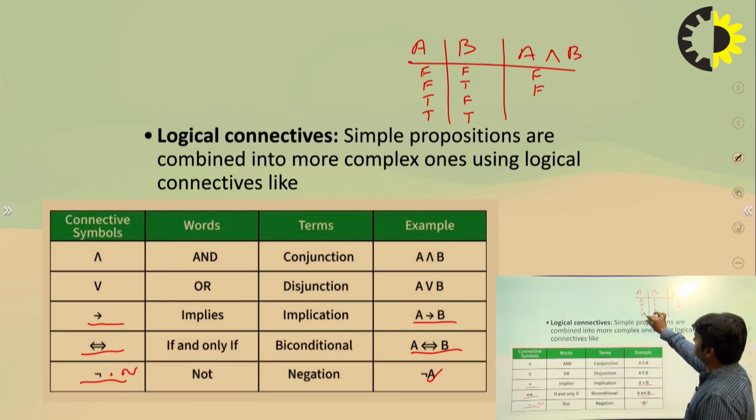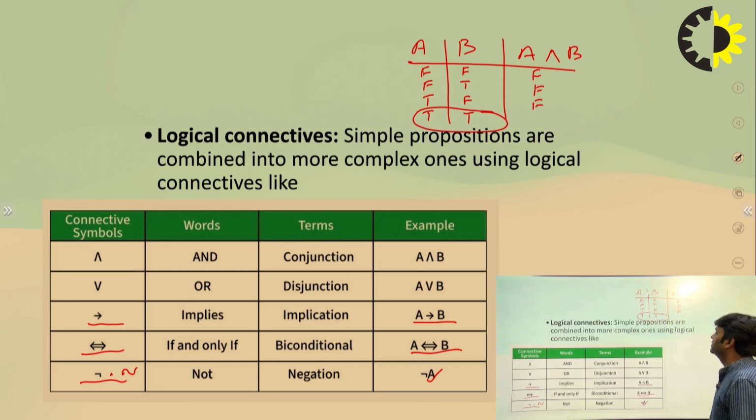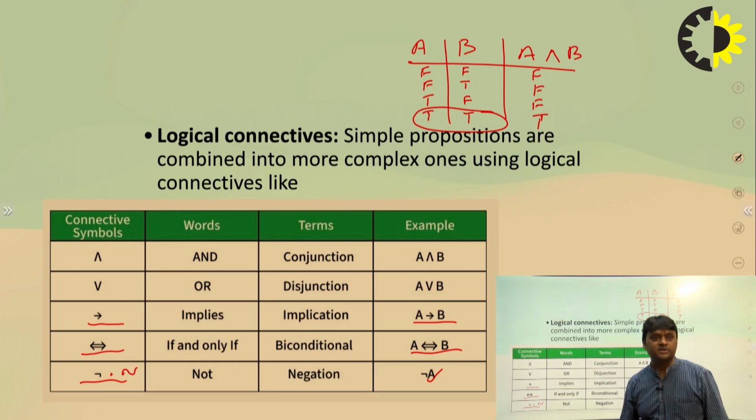Here one symbol is true and one symbol is false, then the output is false. If both symbols are true, then the output will be true for the conjunction operation.